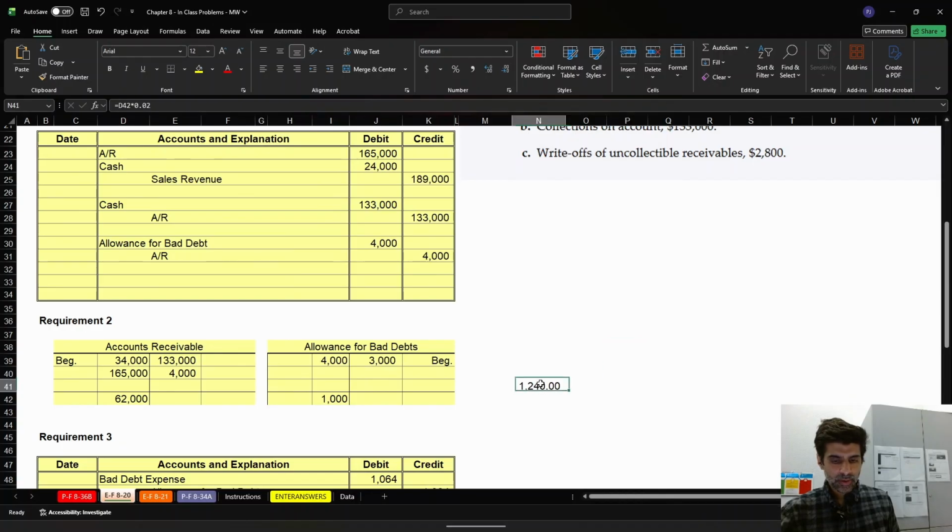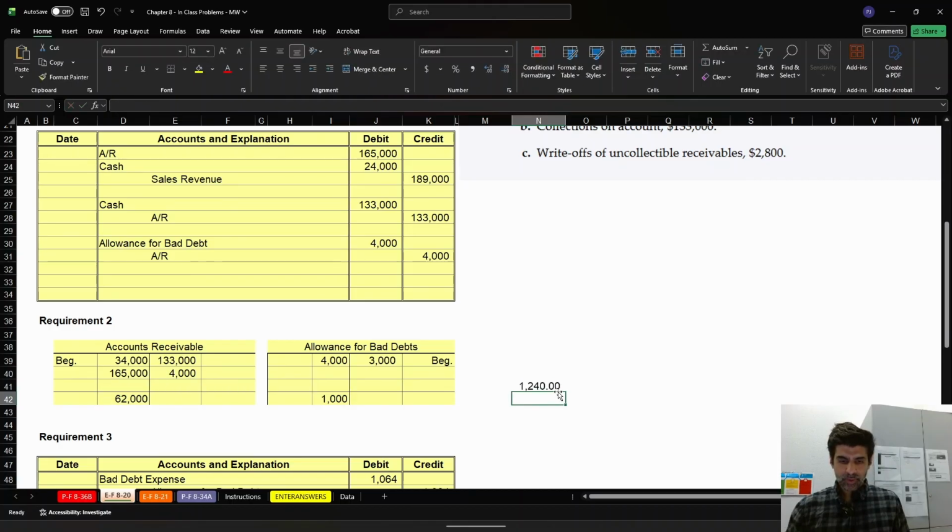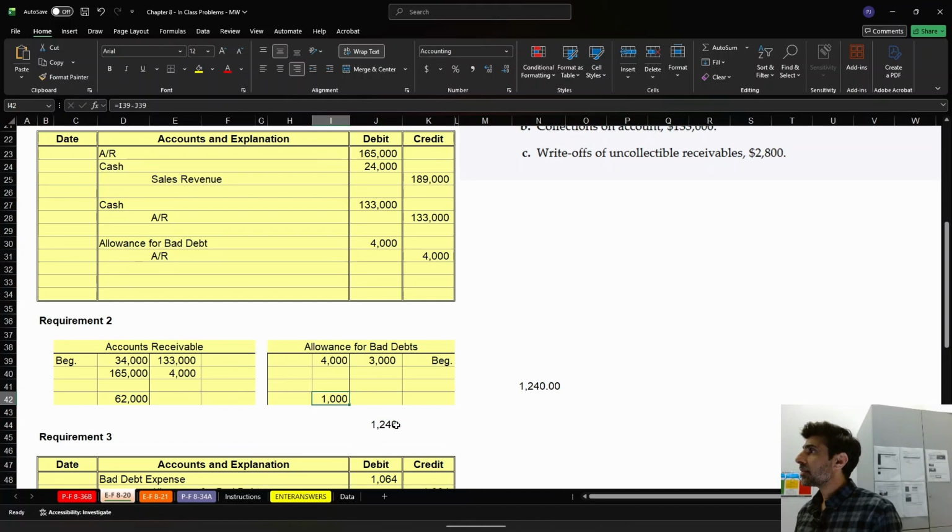Okay, so it's the same math. It's still 2%, so we do this times 0.02. Now we know that our allowance for bad debt has to have a credit balance of 1,240. We have an existing debit balance of 1,000. So how do we get from a debit balance of 1,000 to a credit balance of 1,240? What do we need to do?